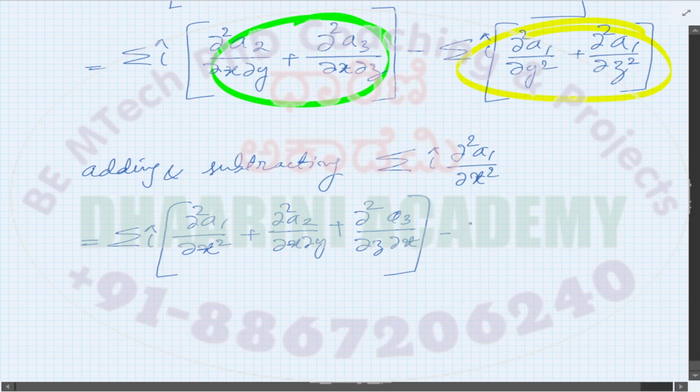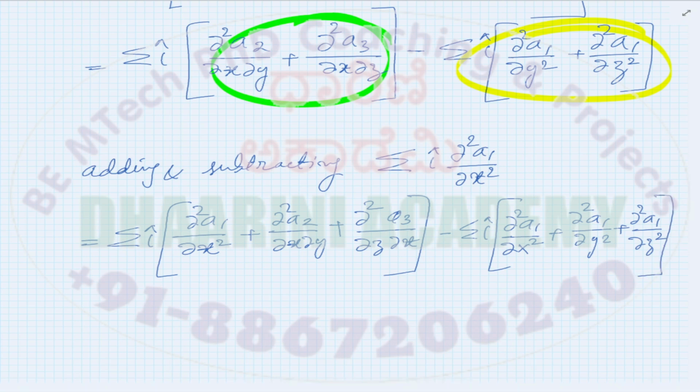Then minus, after this I need to subtract. So this is minus summation I cap. Since the sign is minus, it can be considered as subtracting this term from the given expression. So I can write this as minus, ∂²A1/∂x² plus ∂²A1/∂y² plus ∂²A1/∂z².